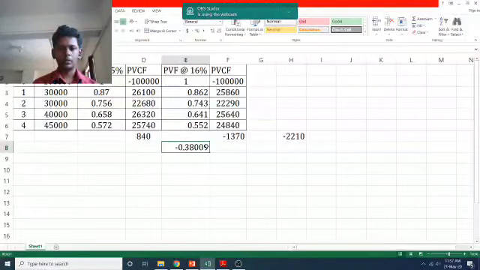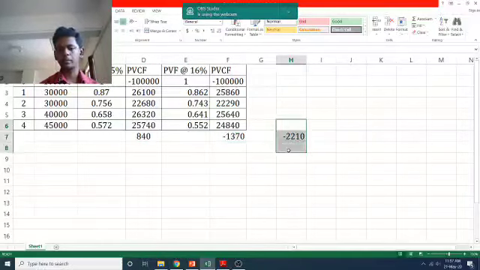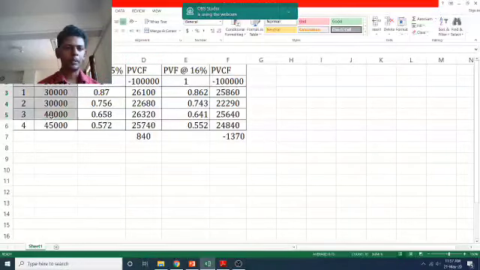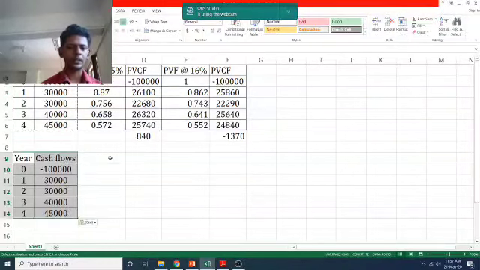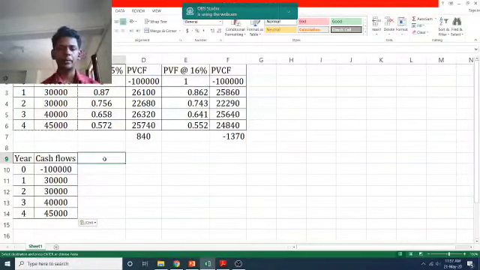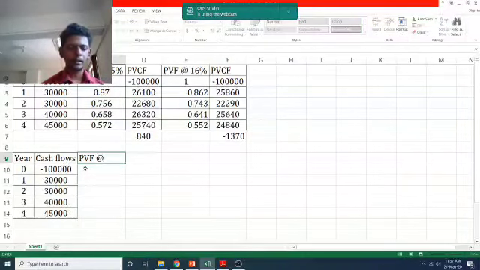Just to show you the verification, this is not important and they wouldn't ask you for it in your examination, but let's see if this 15.38% actually results in zero NPV. We'll test the NPV at this rate. Present value factor at 15.38 percentage.